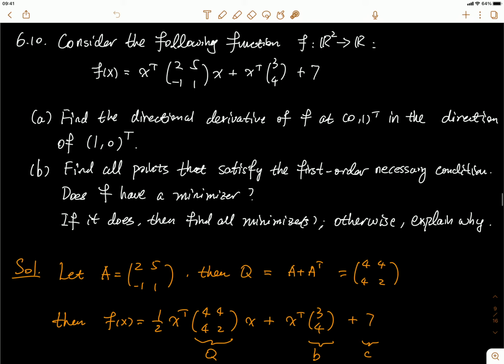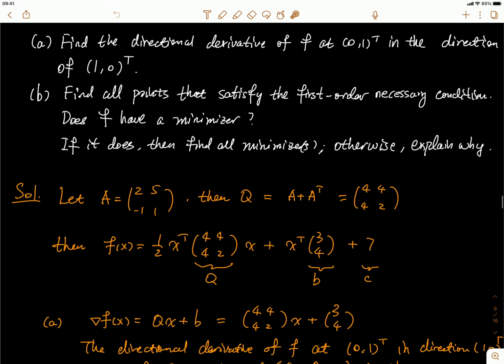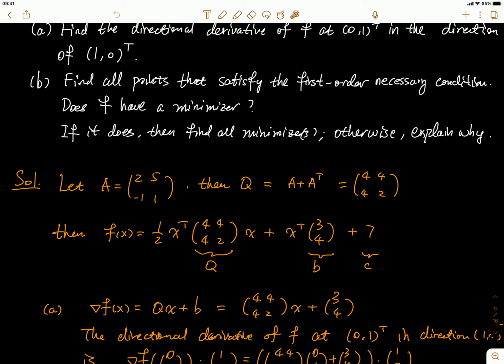Okay, so the first step is to convert this quadratic function into the standard form. Here this is like x transpose Ax, but we want to rewrite it as 1/2 times x transpose Qx, where Q is a symmetric matrix. To that end, we just need to take the sum of A and its transpose.